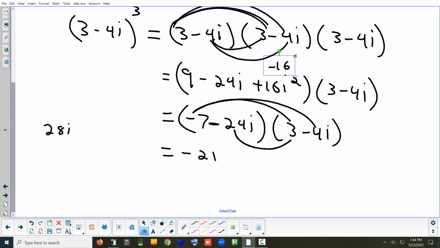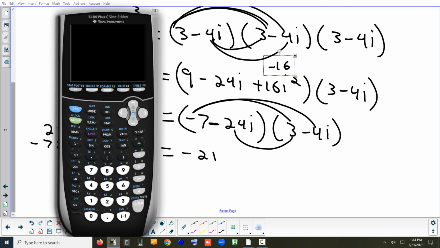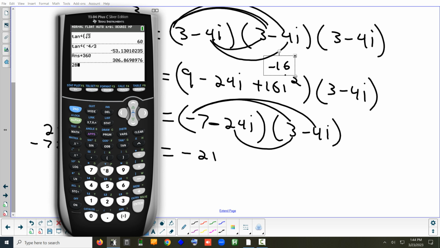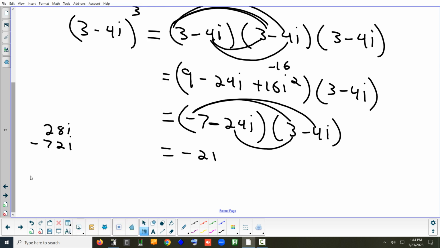And what's negative 24 times 3? So that's negative 72. And 28 minus 72 is going to give me negative 44. Okay, so negative 44i.